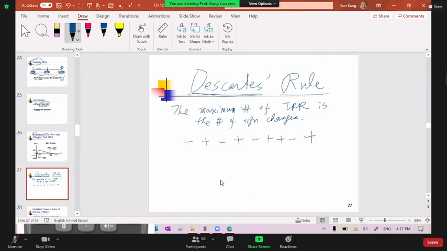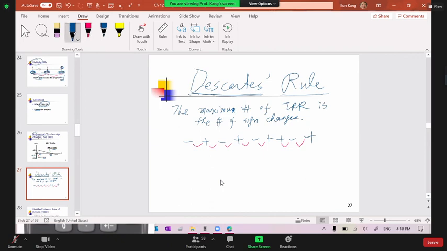Then how many sign changes? Four? 5? 7. Yep, it's correct, 7. Minus to plus, plus to minus, minus to plus, plus to minus, minus to plus, plus to minus, minus to plus. Total 7 sign changes.